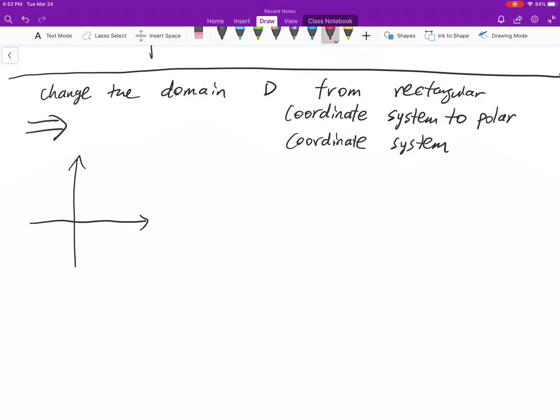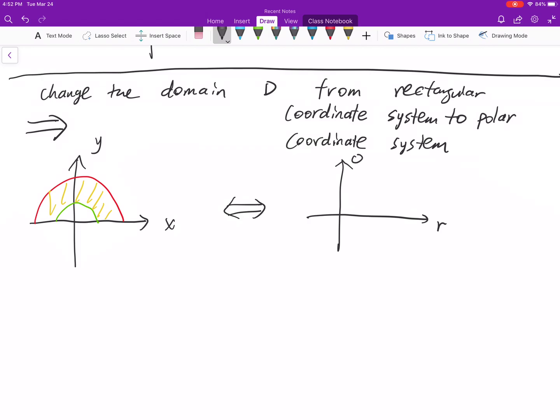So on this side, you still have this half annulus, but on this side are r and theta.